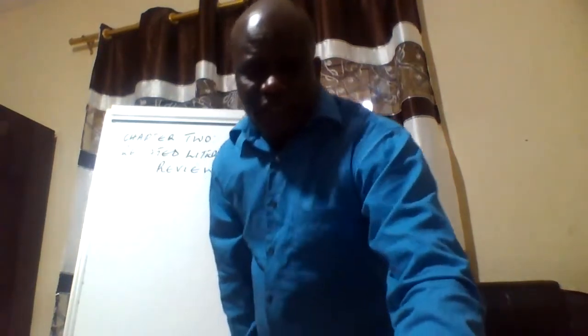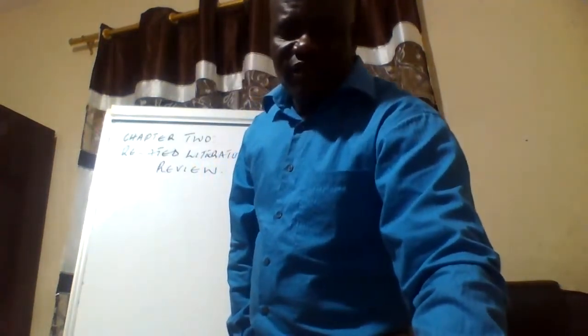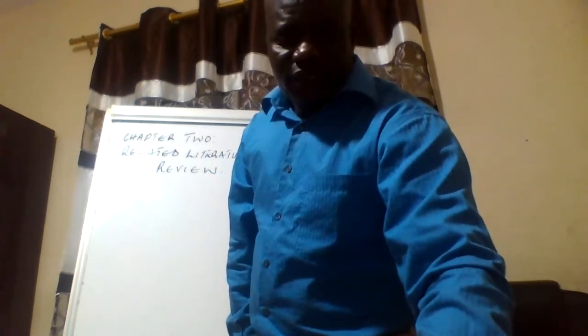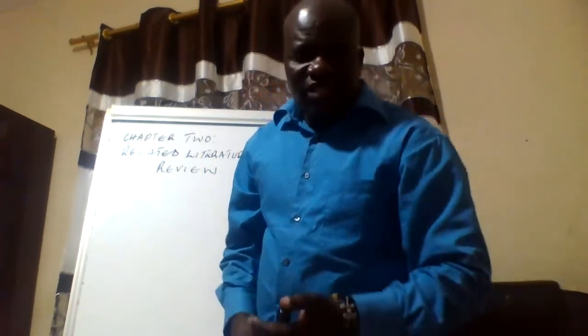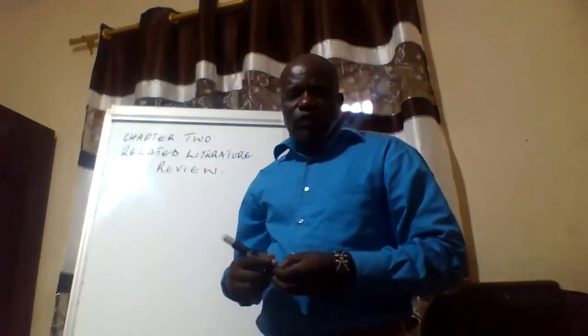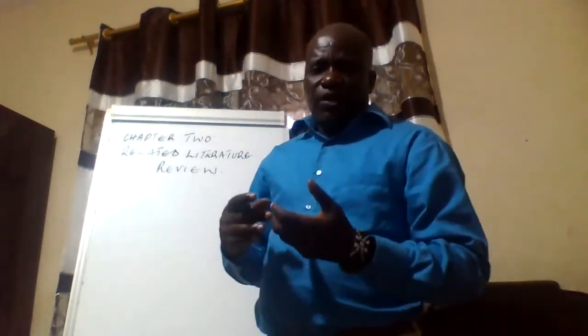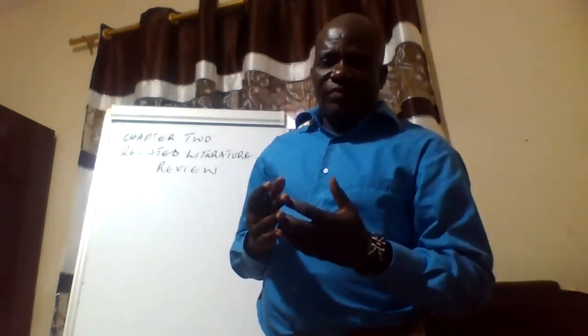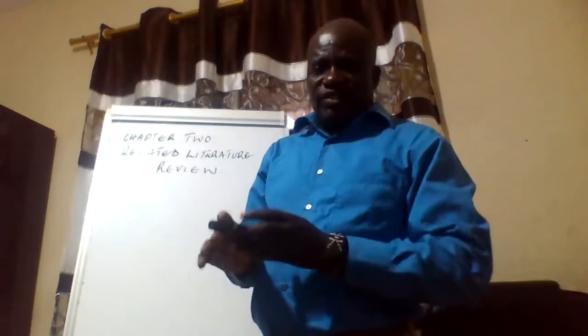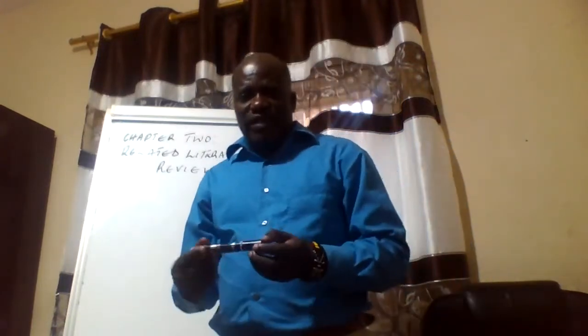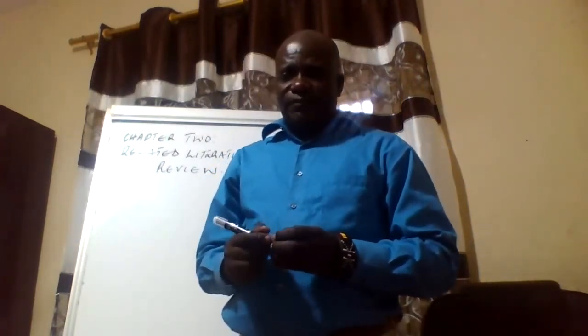So this is what we expect that you have to show when you are working on the related literature review. Sometimes we would want to see you do a literature survey, which examines the global literature that relates to the objectives of the study.